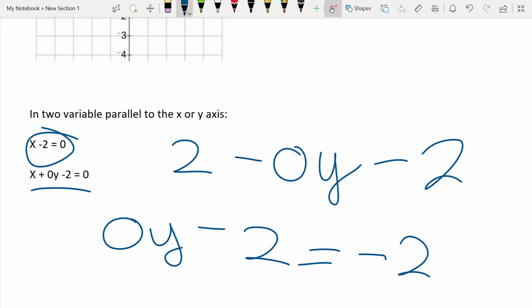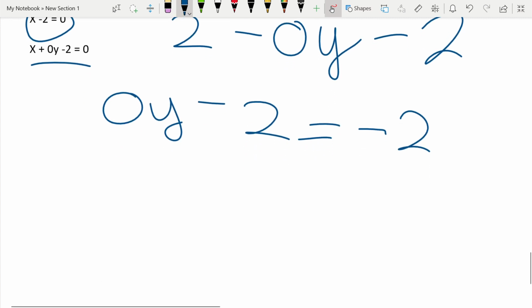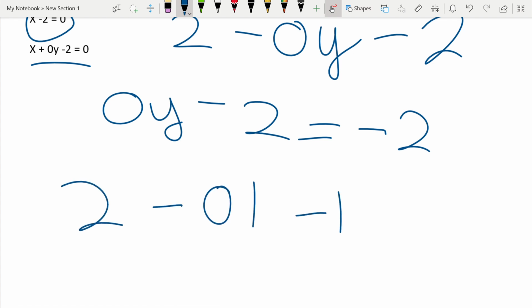So when x is 2, then y is 0. If you put y as 1, will that make a difference to our equation? 2 plus 0 is 2. 2 minus 2 is 0. So that didn't make any difference to our equation.